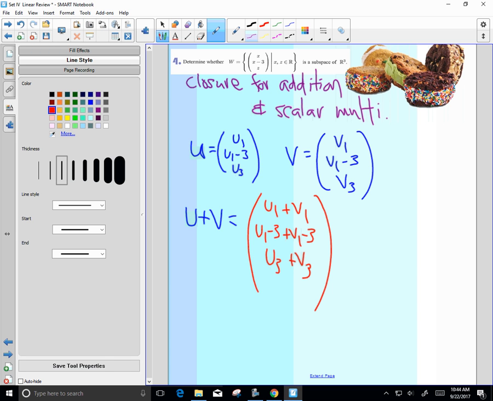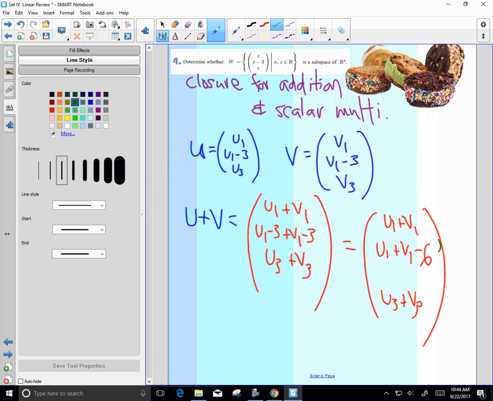Is there a problem here? What is it, Ben? u1 plus v1, u3 plus v3. That looks good. But what's at the top? u1 plus v1 minus what? 6. And since this is not equal to negative 3, we would say that u plus v is not an element of the set.